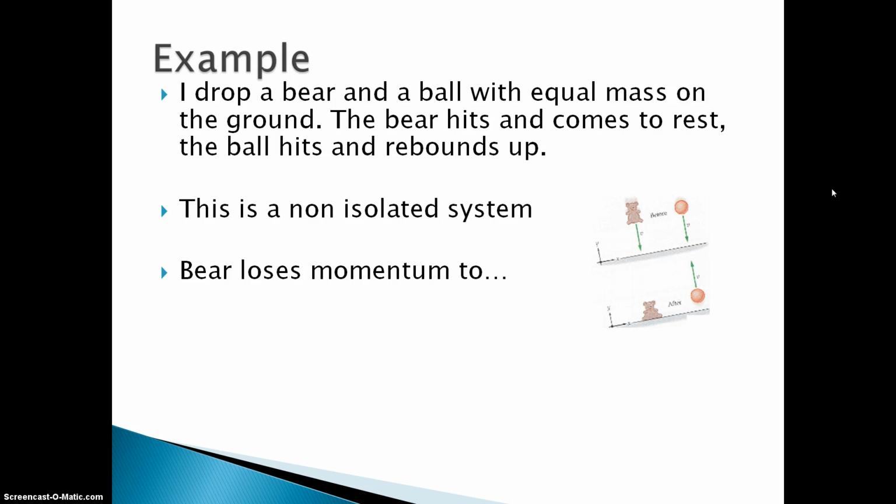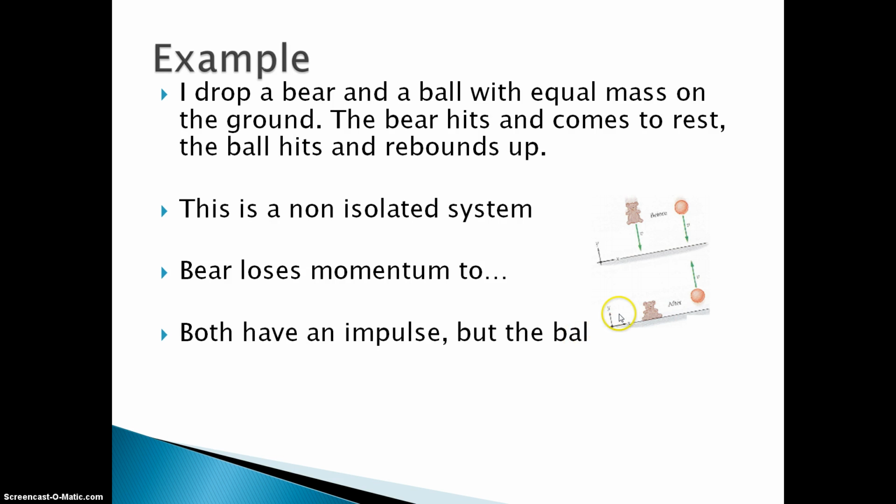Well, the bear has motion and then it loses it. What does the motion get transferred to? The Earth. So the Earth speeds up, and the Earth is not part of this system, because the system is probably defined as the bear separately and the ball separately. You can't really figure out the momentum of the Earth before unless you call it zero.